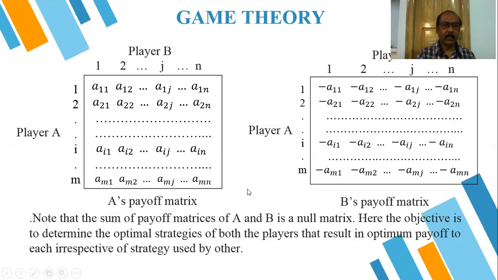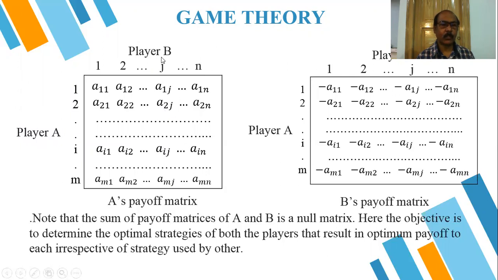That means if B selects only the jth strategy, then what would be the expected gain of A? This is multiplied by P1, this is multiplied by P2, this is multiplied by Pi, this is multiplied by Pn, and taking the summation of this, we will get the expected gain of A when B selects the jth action.